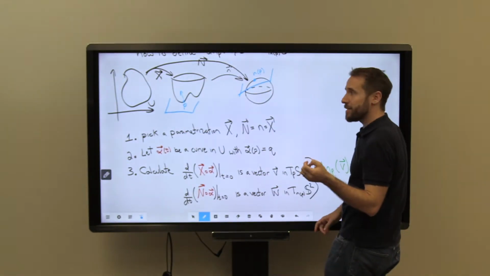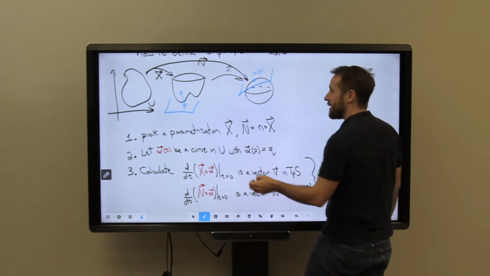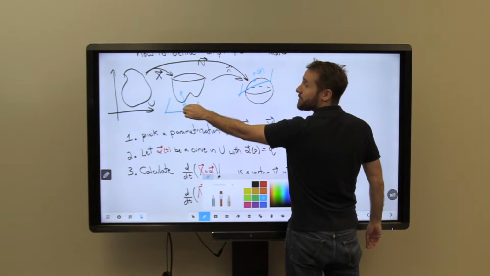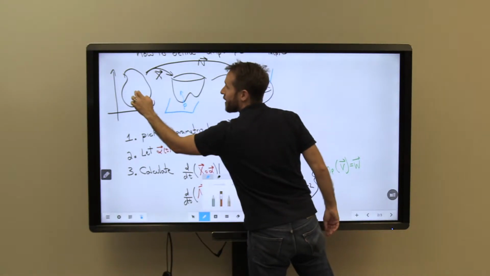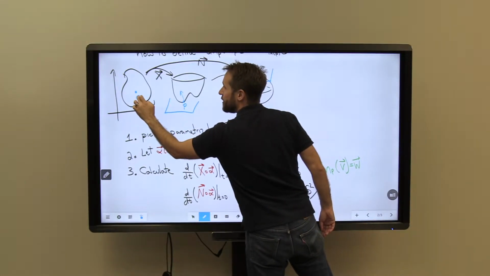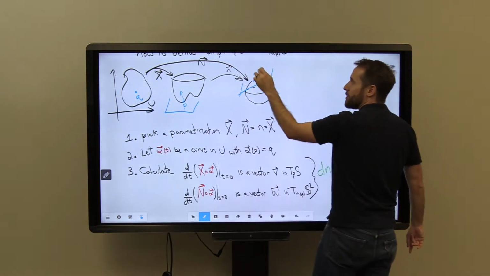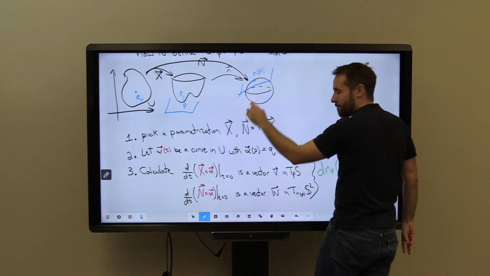And we're going to specifically focus on a point Q, which I realize I should define here, that maps to this point P. So let's say we have our corresponding point Q, and Q maps to P, which then maps to n of P over here.